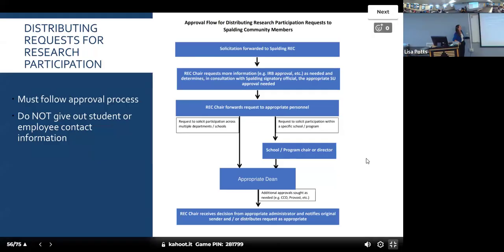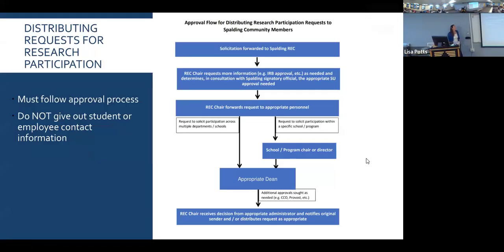This is another one. We have gotten quite a few of these recently. So if you receive an email from someone outside of the institution, or even possibly within the institution, requesting that you forward an email from your colleague at wherever, to get faculty or student responses on their survey research, you have to get permission before you just blast people with that.